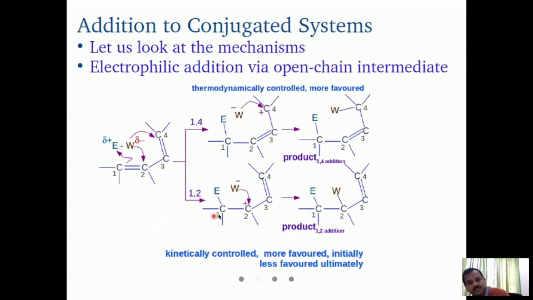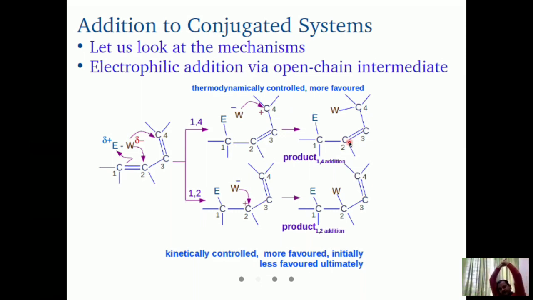In 1,2 addition, the electrophile attacks, then a carbocation forms, the nucleophile attacks, and there is formation of the 1,2 addition product. In this case, the electrophile attacks and forms a bond, then the nucleophile attacks on carbon number 4, and there is formation of the 1,4 addition product. 1,4 is thermodynamically controlled.